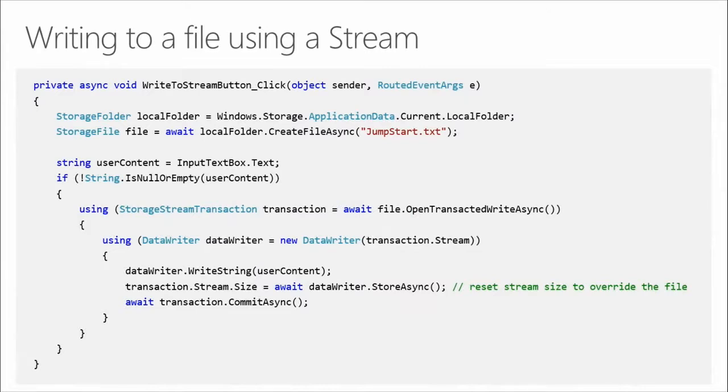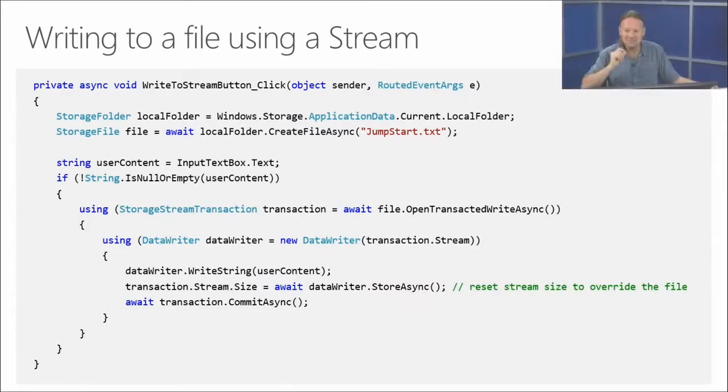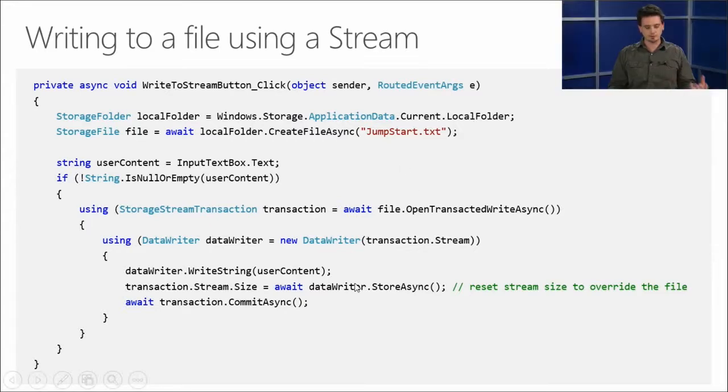Yeah, so we've got this open transacted async right here. Using the streams, I think, is how we would do things like saving image files, those larger files, to storage.